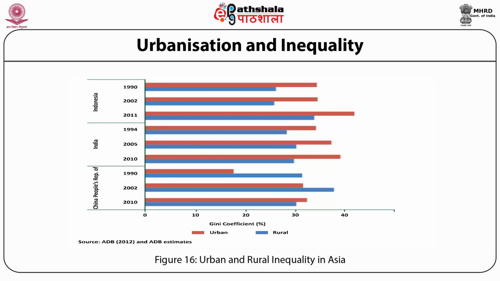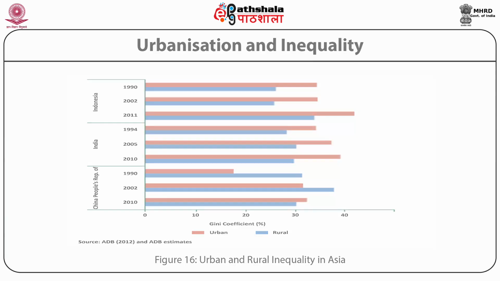Kanbur and Zhuang found that urbanization has been a major contributor of rising income inequalities in India, Indonesia, and Philippines, while in China it has helped in reducing the income inequalities at the national level.